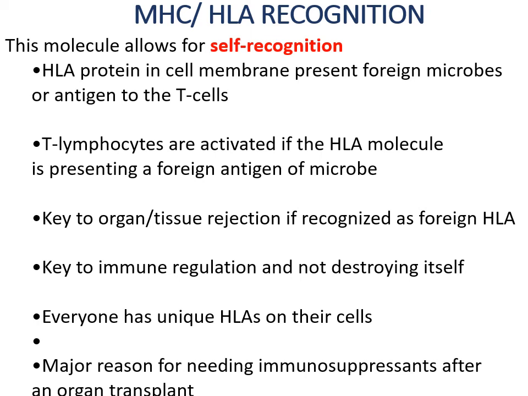And this is the major reason why immunosuppressants are required after organ transplantation. Even if you had a very close match, you would still need to be on an immunosuppressant. The only reason ever that you would never need to be on an immunosuppressant after an organ transplantation is if you received an organ from your identical twin.